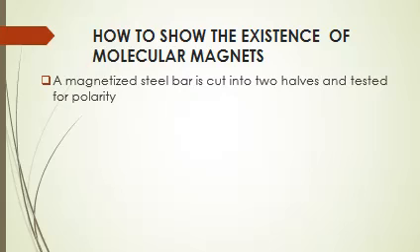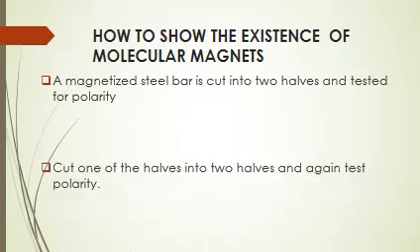You see that the halves which have been cut are magnets with both north and south pole on each half. This shows that there really are molecular magnets, or small regions, inside the magnet.